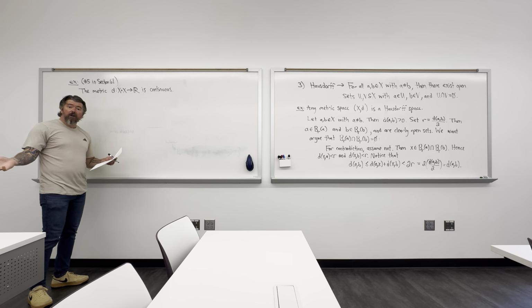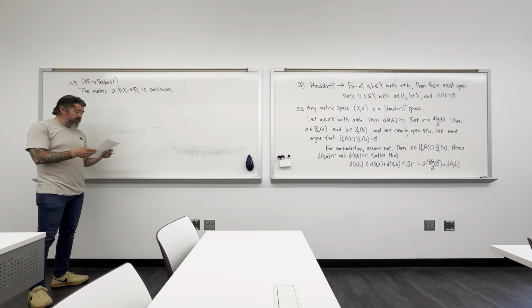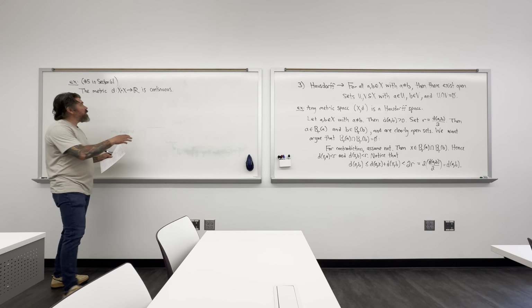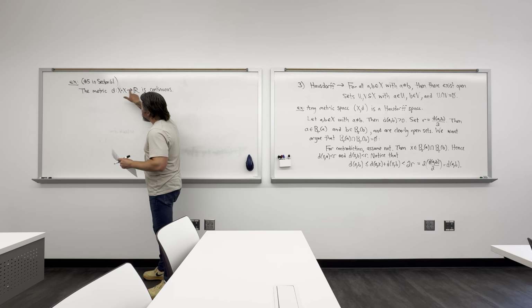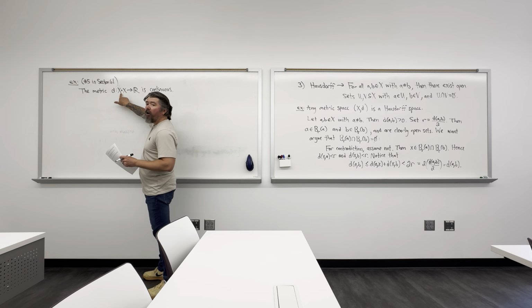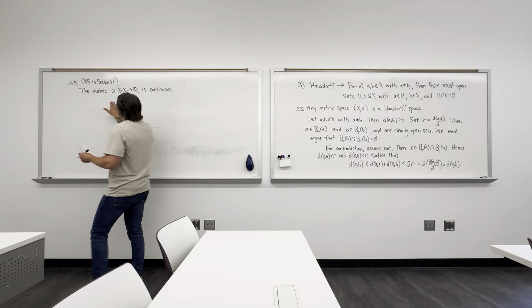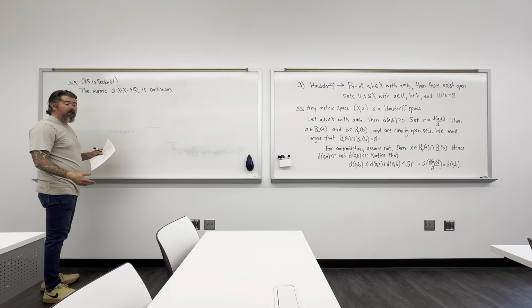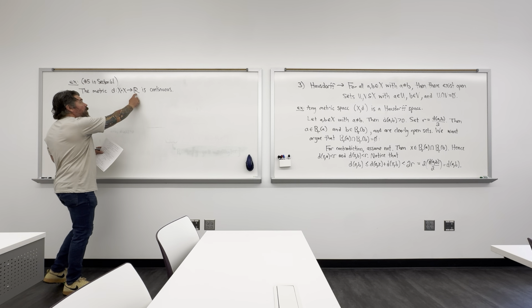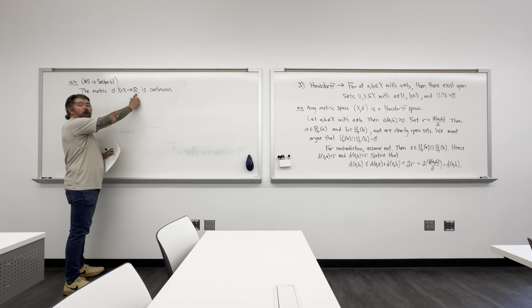Okay, so going back, how do we show continuity? Remember that we need to take an open set and look at its inverse image and argue that it's open. But a lot of times it suffices just to focus on the basis elements. What are our basis elements of R with the standard Euclidean topology? Remember, they're open intervals.